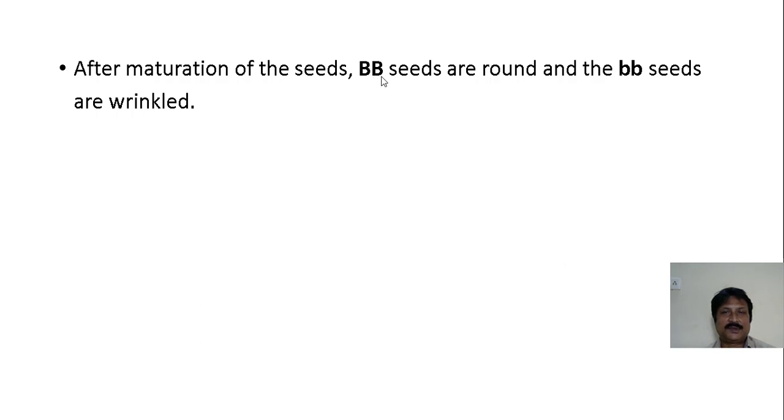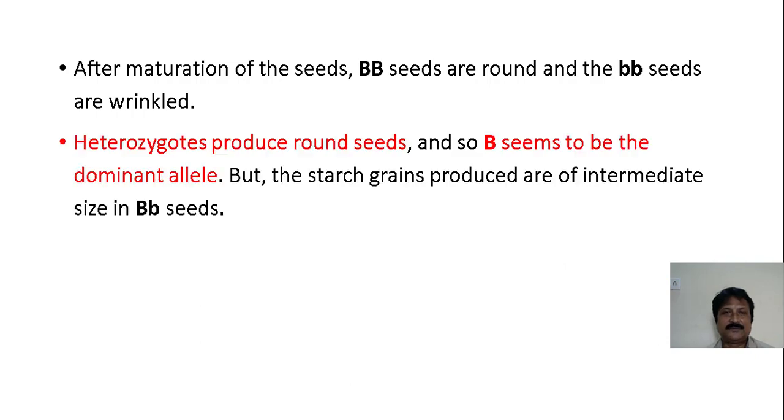Capital B homozygous produce larger starch, and these seeds are round in shape. Whereas small b are less efficient in starch production, and these seeds are wrinkled.